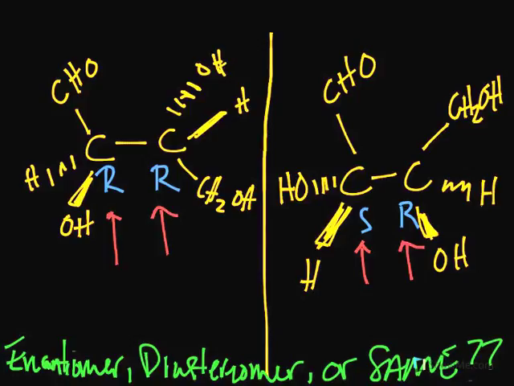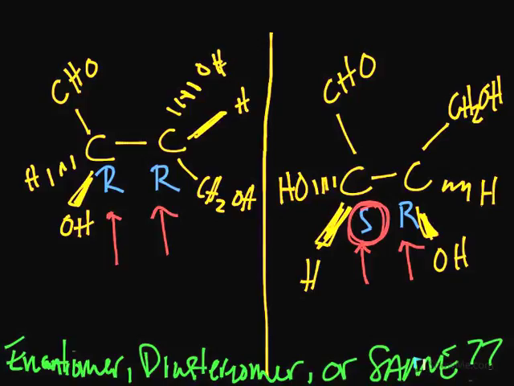So in order for this to be an enantiomer, it would have to be S and S, but we don't have that. We have S and R, because only one of these changed.